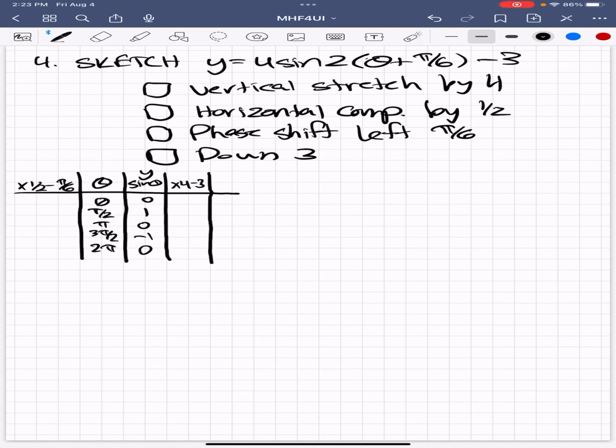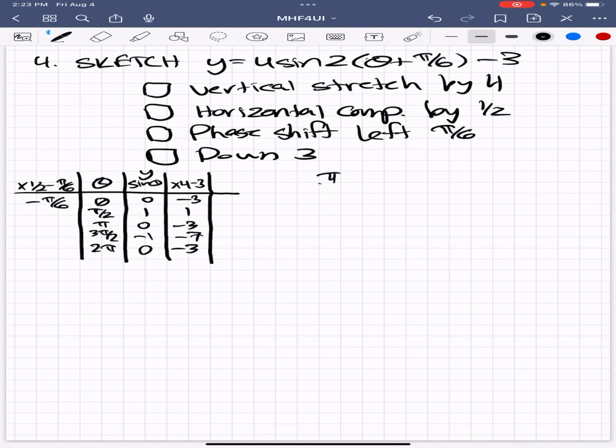So for 0, it's just minus 3 for all the zeros. And then we have a maximum of 1 and a minimum of -7. Okay, so this I didn't really write much down for, but we're going to figure it out. So again, 0 times a half minus pi over 6 is just minus pi over 6.